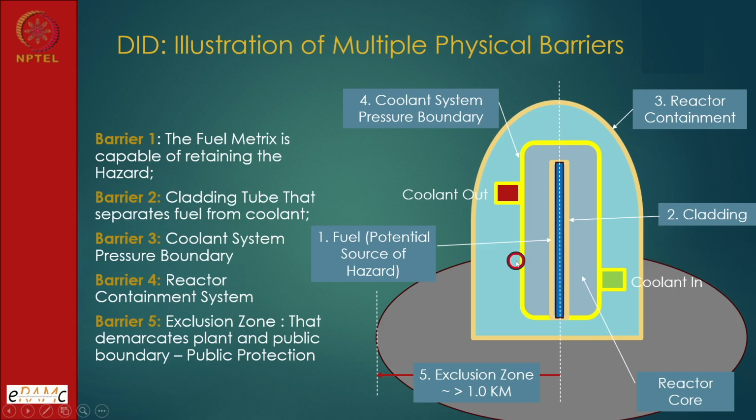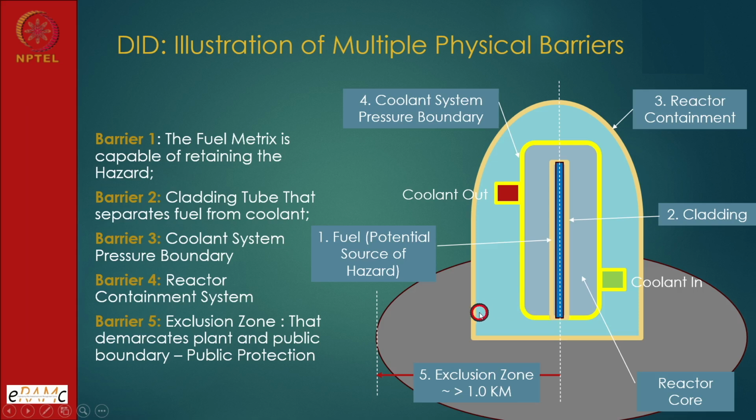I have made a simplified diagram. I am not showing the coolant circulation and things like that, because the objective was to demonstrate the barrier logic and its physical effect. Even if activity comes into the containment after crossing the clad, the second barrier, and the coolant boundary, the third barrier, it comes to the containment.